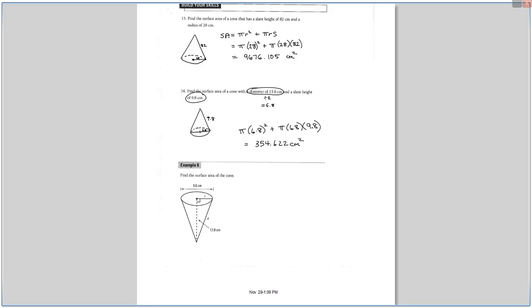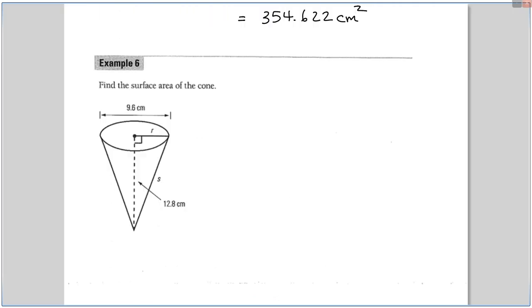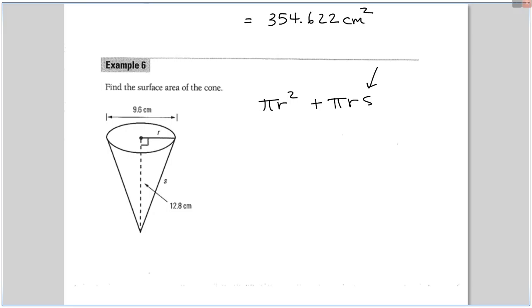All right. Okay, let's take a look at this question, example 6. In order to find the surface area of a cone, you need the slant. But look what they did here. Did they give you the slant? What did they give you? The height. So how to find the slant? S squared would be h squared plus r squared.